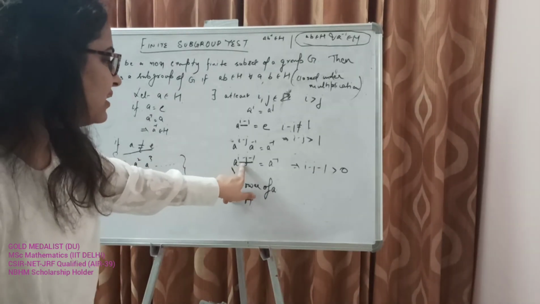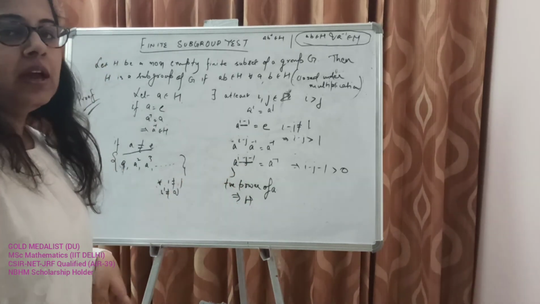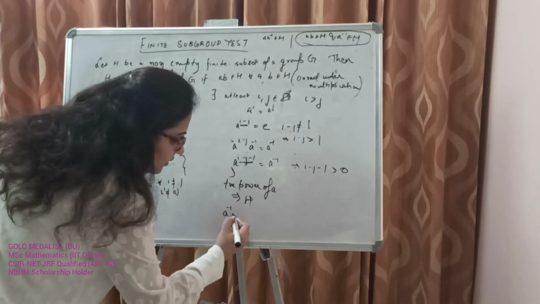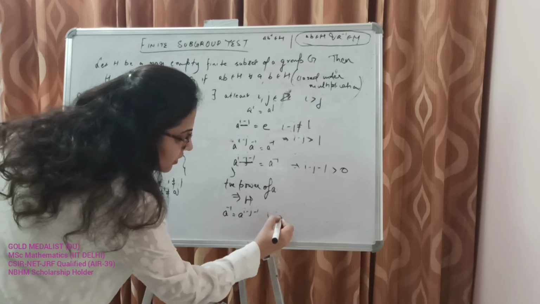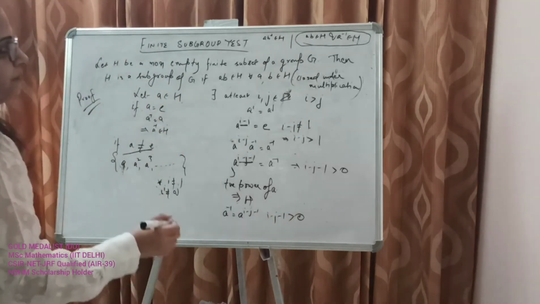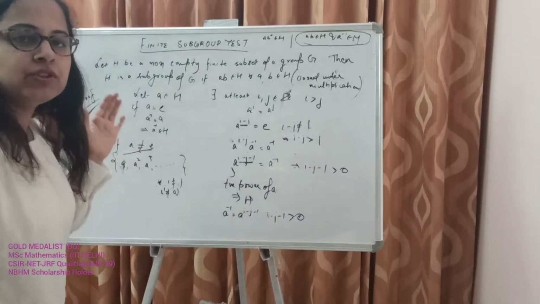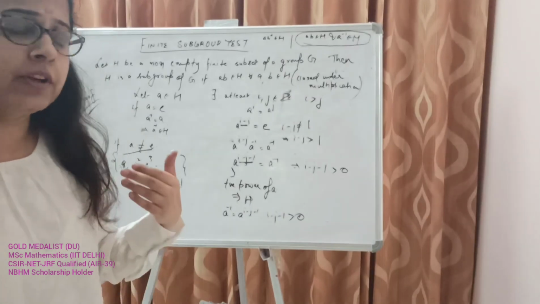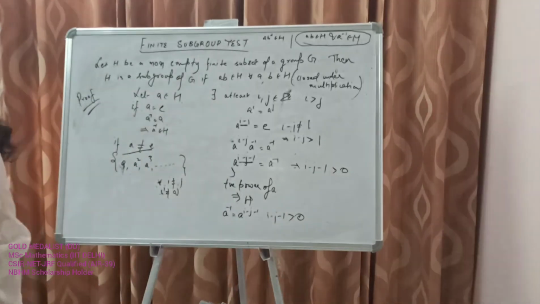So this power is positive, hence this belongs to H. So the inverse of this element will be A power I minus j minus 1, where I minus j minus 1 is greater than 0. So we have proved that if H is any non-empty finite subset of a group G, then H is a subgroup under the operation of G if it is closed under multiplication.